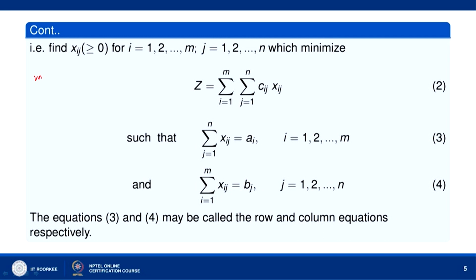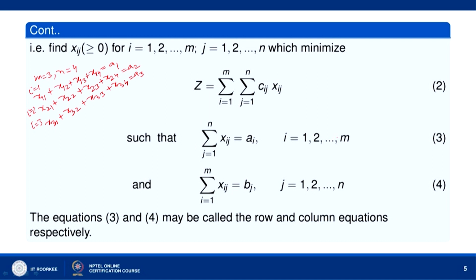Let us take m equal to 3 and n equal to 4. Then we will have these equations, where i takes values from 1 to 3. i equal to 1 gives x11 plus x12 plus x13 plus x14 equal to a1. i equal to 2 gives x21, x22, x23, x24 equal to a2. i equal to 3 gives x31, x32, x33, x34 equal to a3.